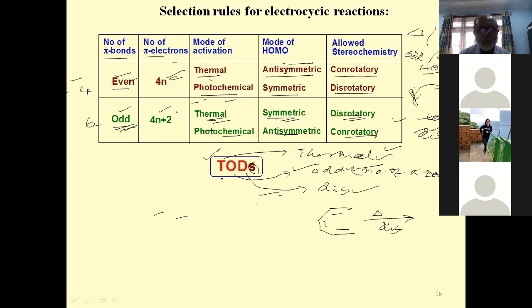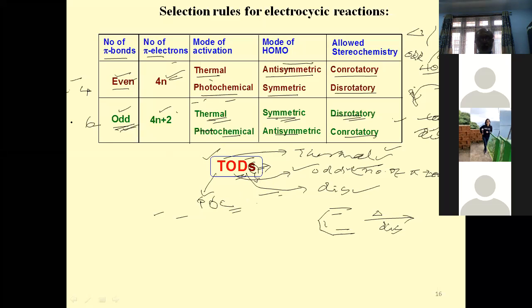How automatic? Just see. If you change any one, suppose the condition becomes photochemical. So PO, if it becomes photochemical and it remains odd, this D will not remain D, this becomes C, conrotation. Rotation will change and S will become antisymmetric. Symmetric will become antisymmetric. But this S is not very important now, it is just to remember whether your HOMO under that condition is symmetric or antisymmetric. This becomes conrotation, POC.